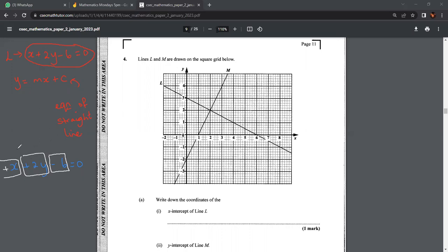Now, you want to put this into the form of y is equal to mx plus c. So that means you want y on one side of the equal sign. So I'm going to carry everything else across the equal sign. But think of your equal sign as a transformer.